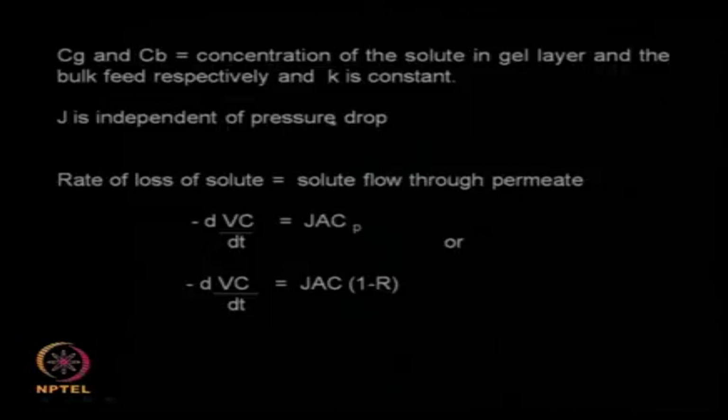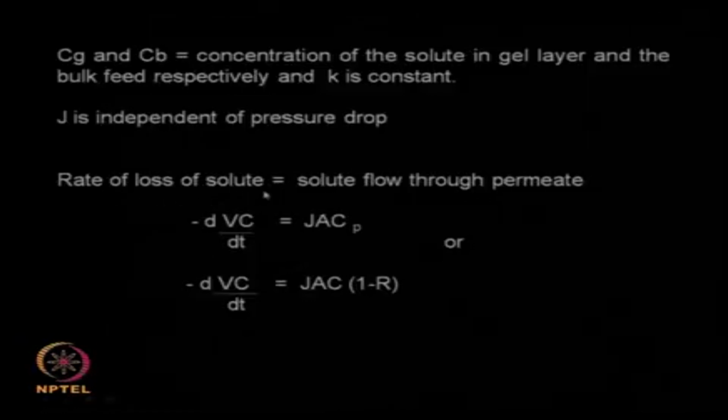So J is independent of pressure drop, because J depends only on the diffusion coefficient, the boundary layer, the concentration in the bulk, and the concentration of the gel at the polarization layer. Okay. Now J is independent of pressure drop.